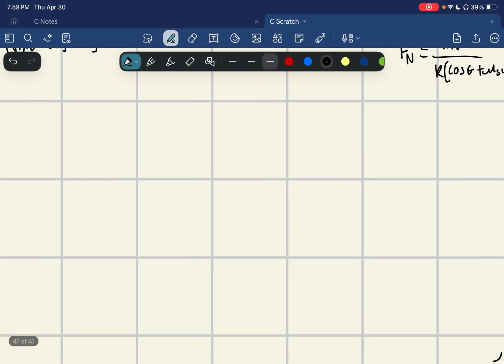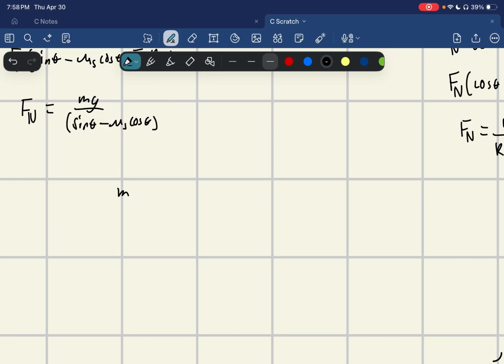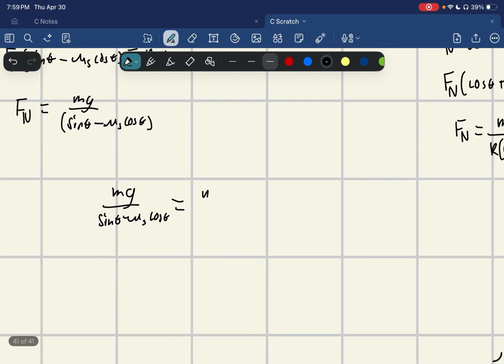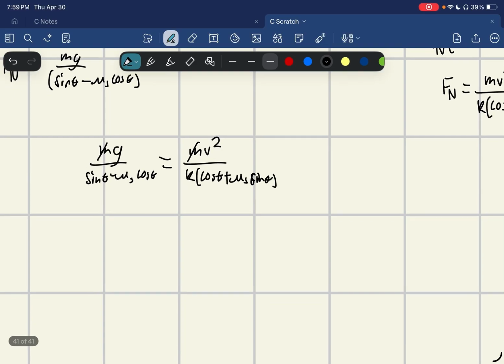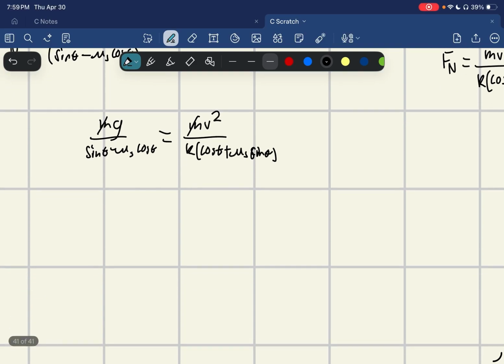And then I'll equate the two fn equations that we just found. So mg all over sine theta minus mu s cosine theta is equal to mv squared all over r times cosine theta plus mu s sine theta. So then the m's will cancel off from both sides, and then I will multiply the bottom of the left side to the right side to isolate for v squared.